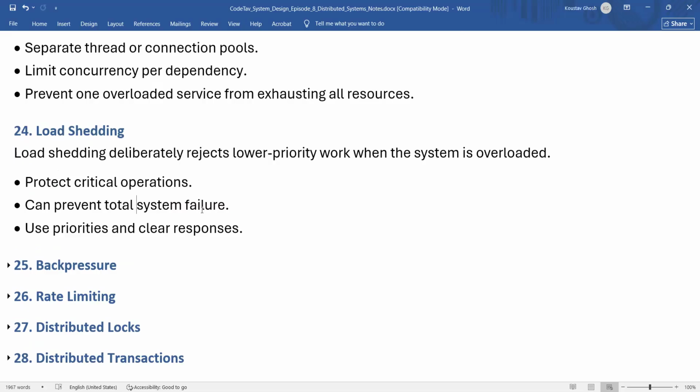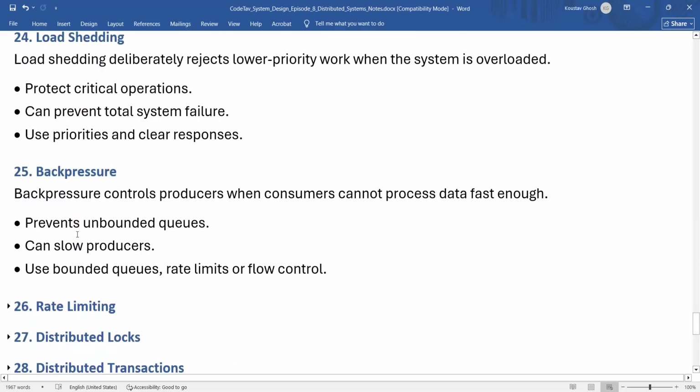For example, during extreme traffic, we may prioritize payment, order creation, and login, and temporarily reduce the recommendation, analytics, non-critical notifications. So the goal is simple, protect the most important functionality, like payment, order creation, logins. Those are important, so we will only keep those active, but others we can stop.